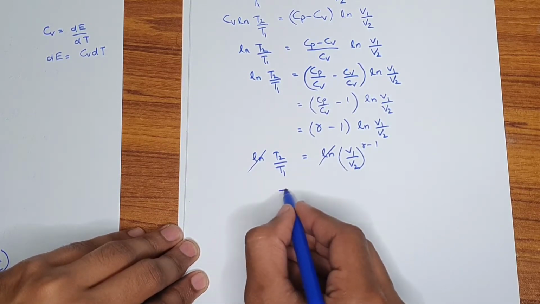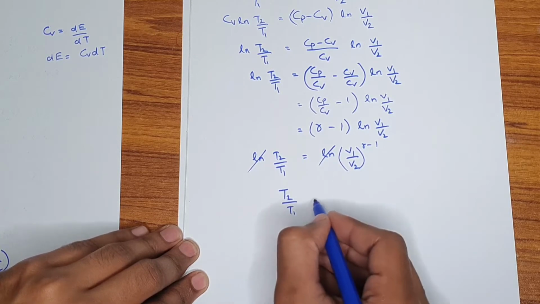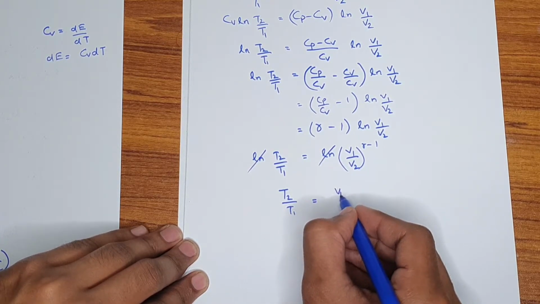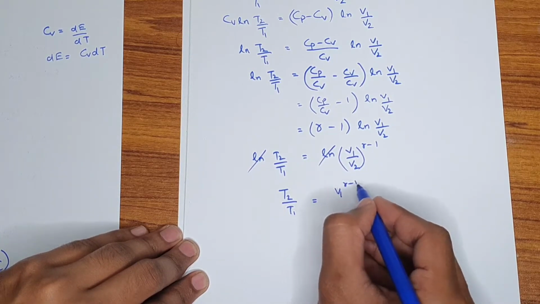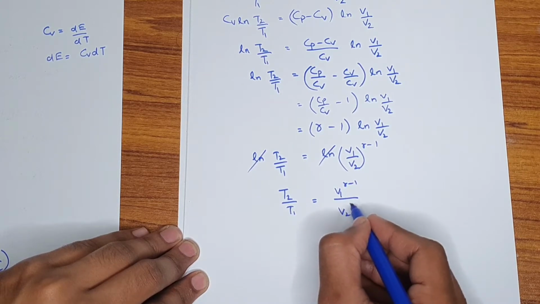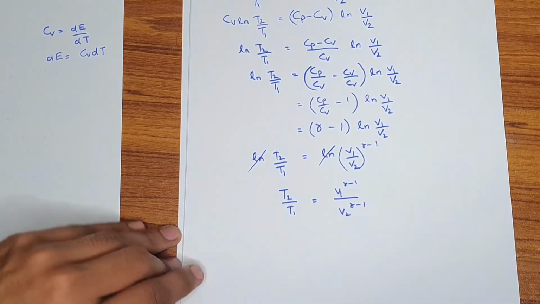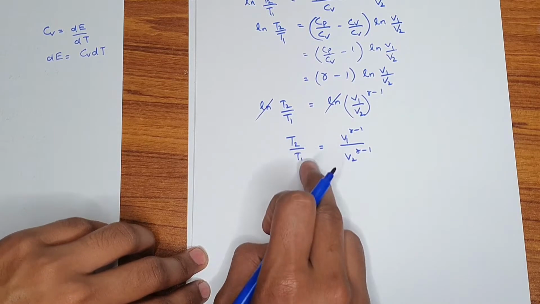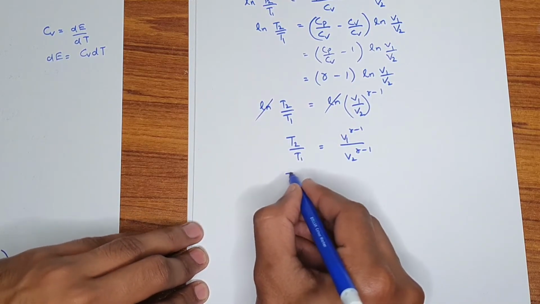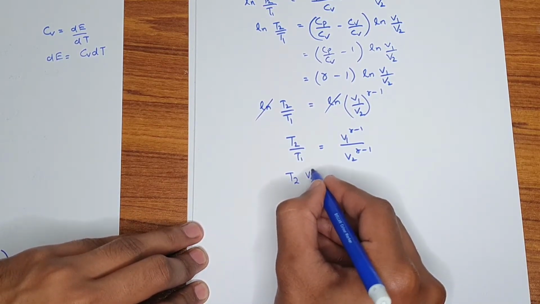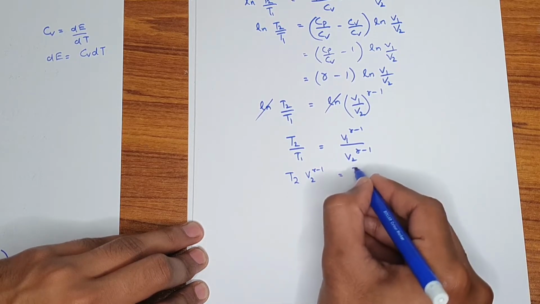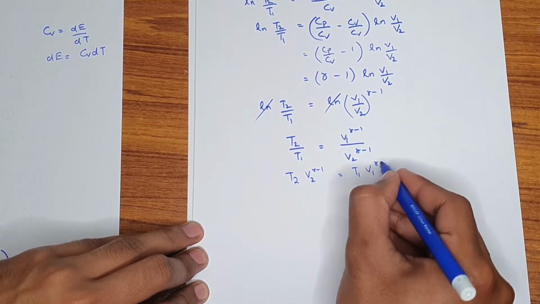I'll be left with t2 over t1 equal to v1 to the gamma minus 1 divided by v2 to the gamma minus 1. So this v2 will go here, this t1 will go here, and the equation will become t2 v2 to the gamma minus 1 equals t1 v1 to the gamma minus 1.